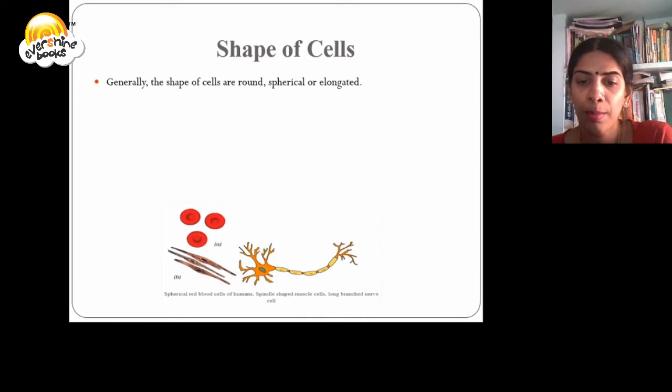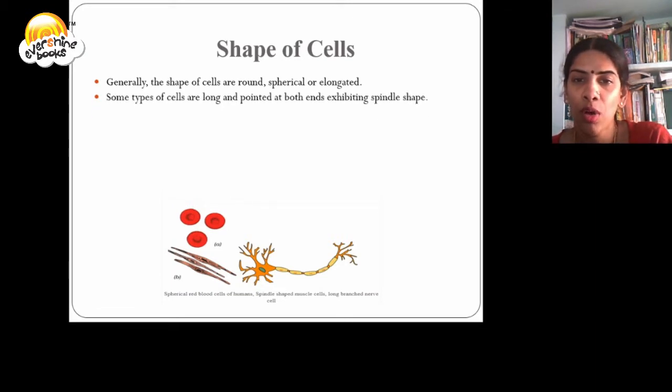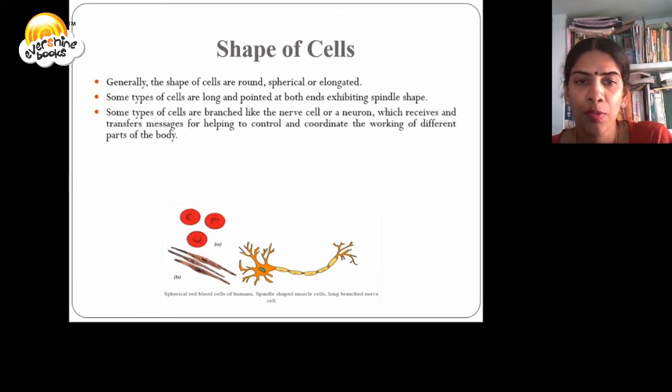The long branched cell is a nerve cell. Some types of cells are long and pointed at both ends, exhibiting spindle shape. Some types of cells are branched like a nerve cell or neuron, which receives and transfers messages, helping to control and coordinate the working of different parts of the body.